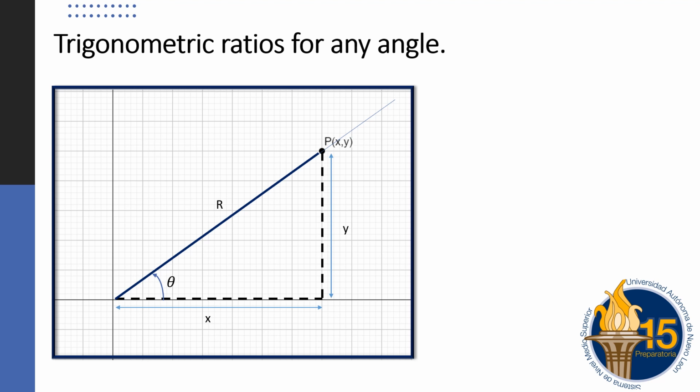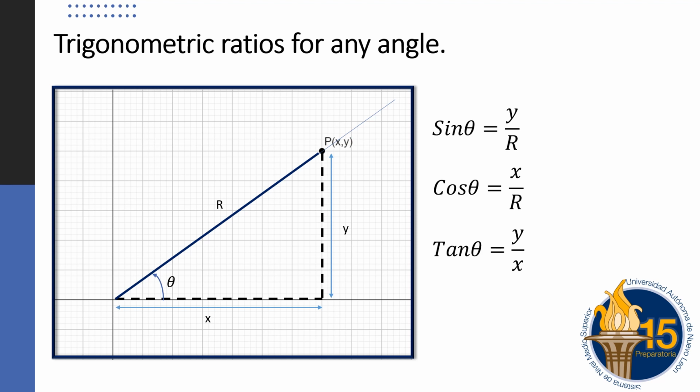As sine of the angle is defined by opposite leg over hypotenuse, now in the Cartesian plane, sine is defined as y over r. Cosine is defined now as x over r, because x is the adjacent leg and r the hypotenuse. Tangent is then defined as y over x, because it is opposite leg over adjacent leg.